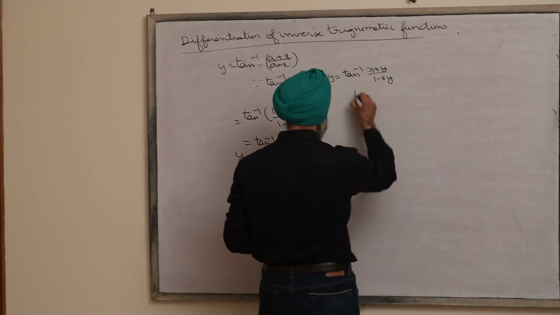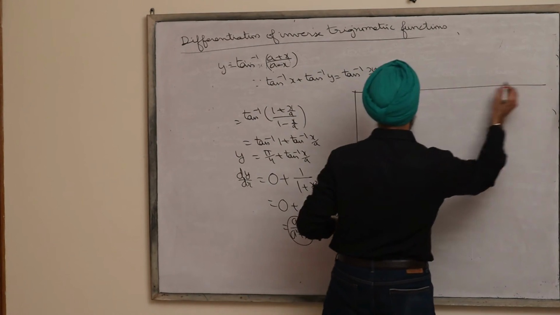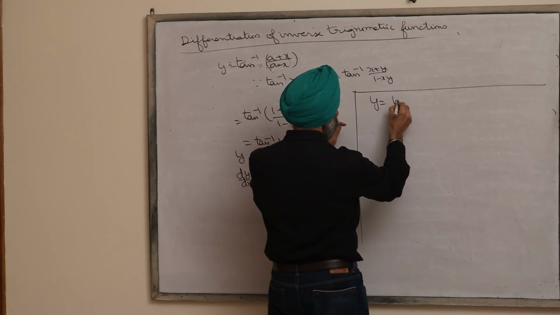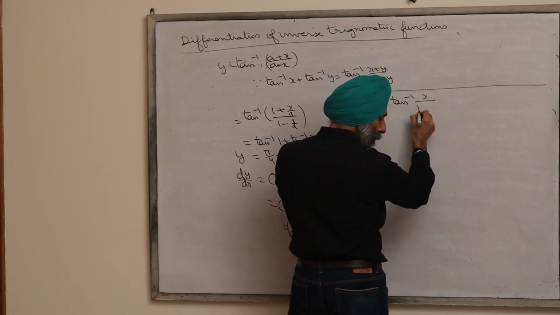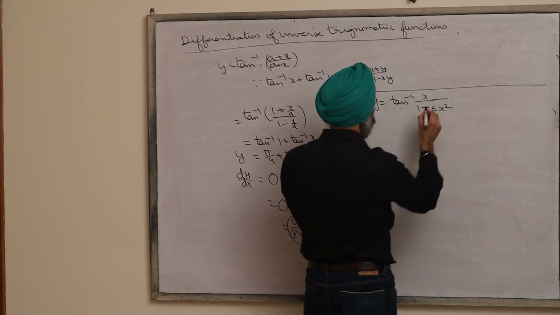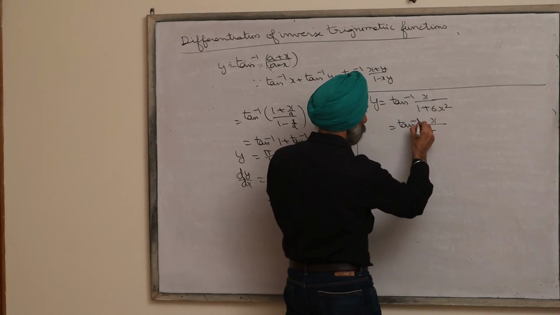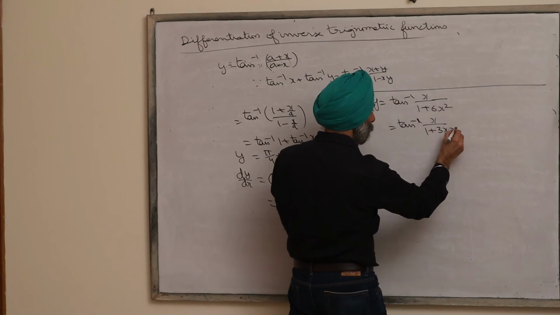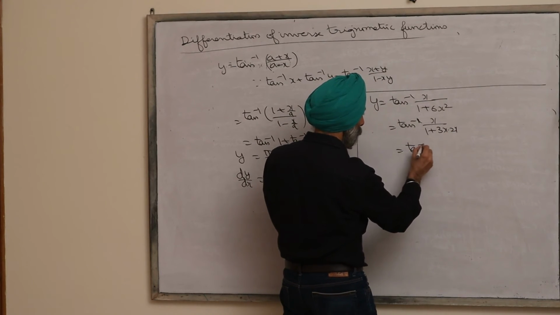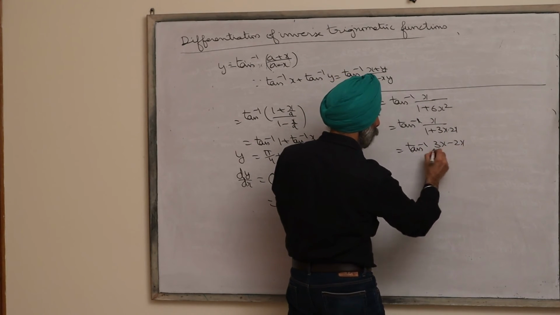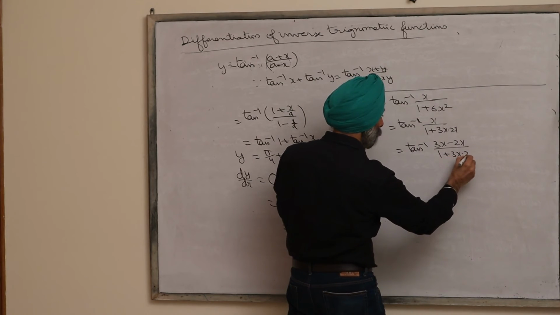Similarly, let's say we have to differentiate the next one, tan inverse of x over 1 plus 6x square. Can I write this as 1 plus 3x into 2x? Can I write this as tan inverse of (3x minus 2x) over (1 plus 3x into 2x)?